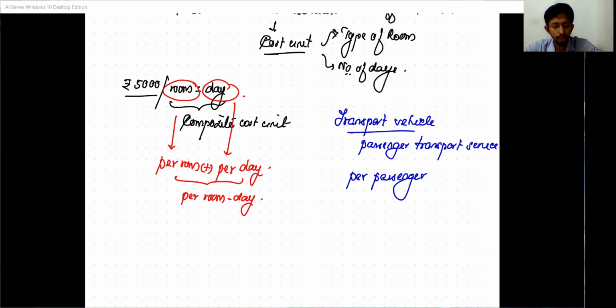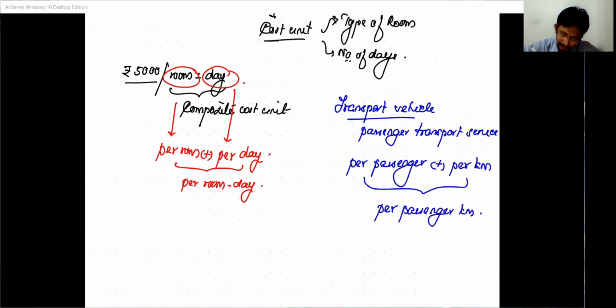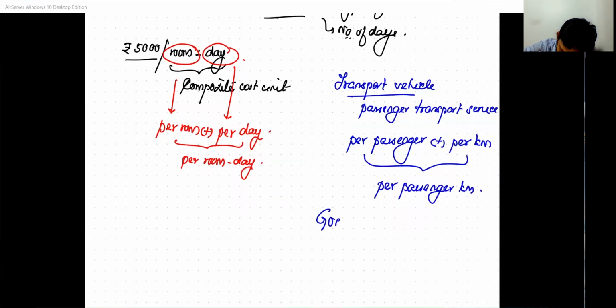That is not clear. So here you have to say what is the charge per passenger as well as per kilometer. So per passenger plus per kilometer, you combine these two, it will be per passenger kilometer.